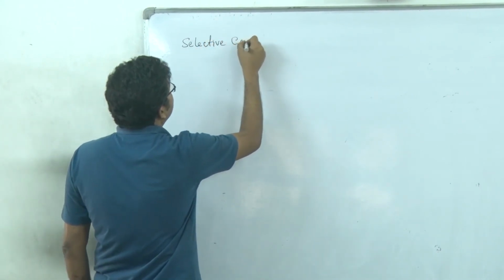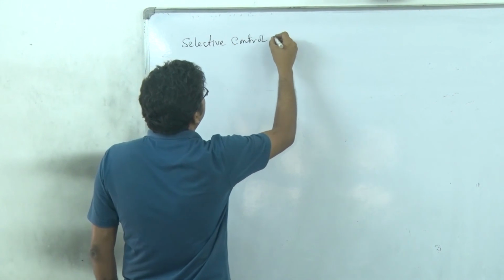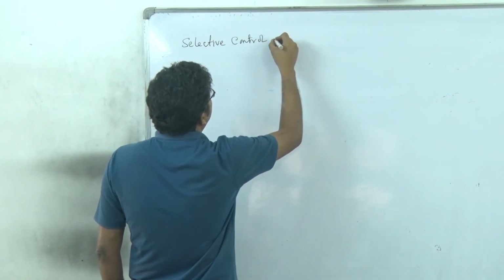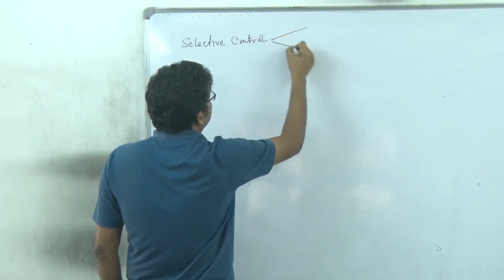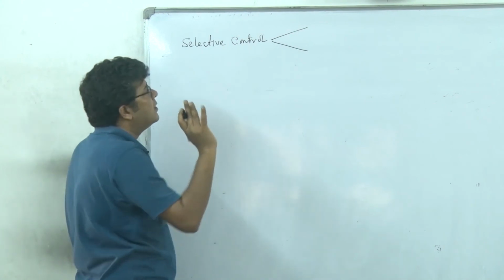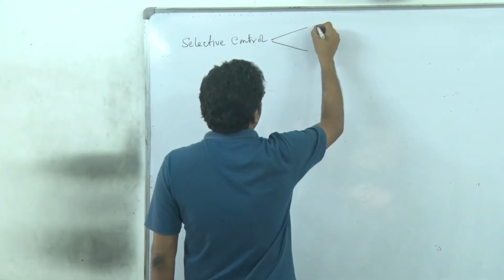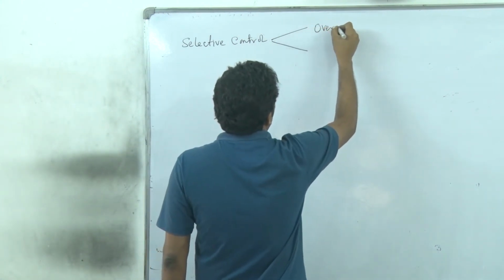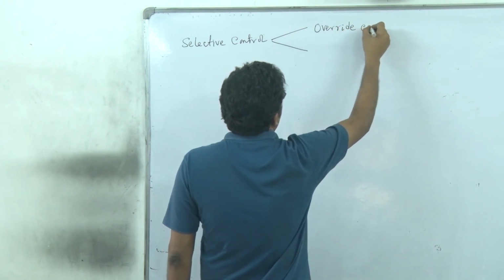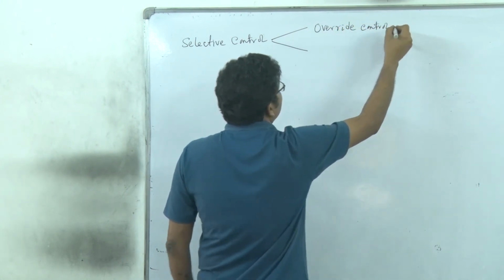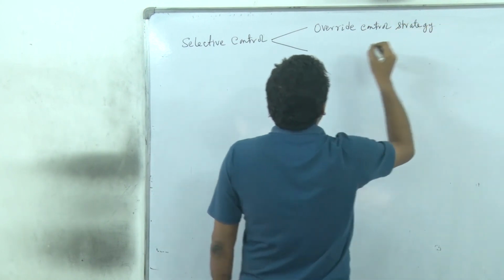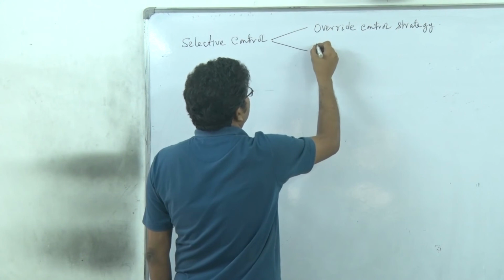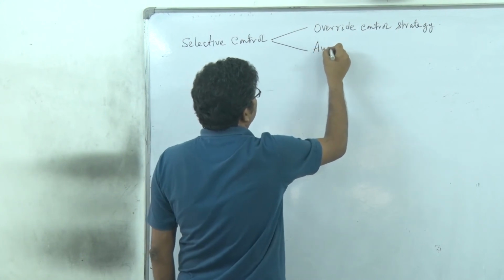Typically there are many other classes as well, but we will mostly discuss the major 2 classes. One is the override control strategy, and the second one is the auctioneering control strategy.